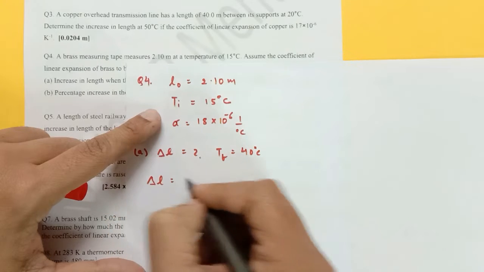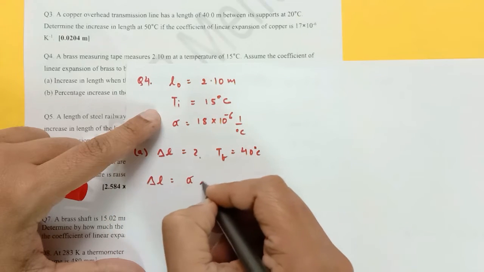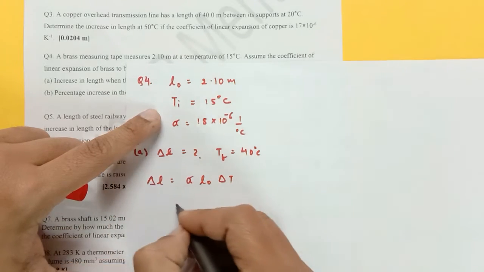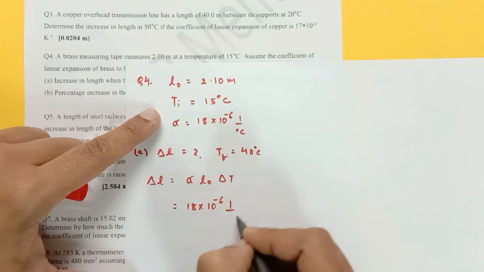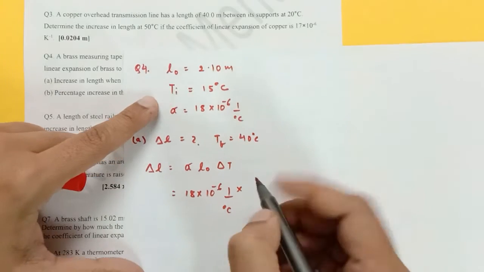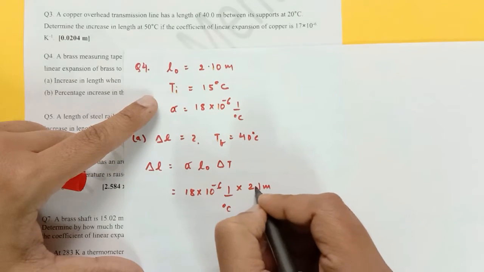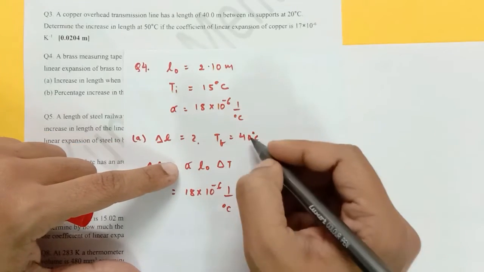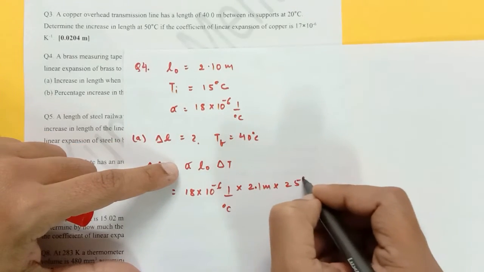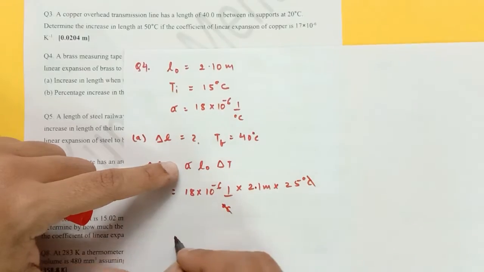So I know now what is the difference in temperature, final minus initial. So delta L is equal to alpha L0 delta T. Alpha value is 18 into 10 raised to minus 6, 1 upon degree Celsius. L0 is 2.1 meter. Multiply by the increase in the temperature, 40 minus 15. So this is 25 degrees Celsius. Degree C getting cancelled.